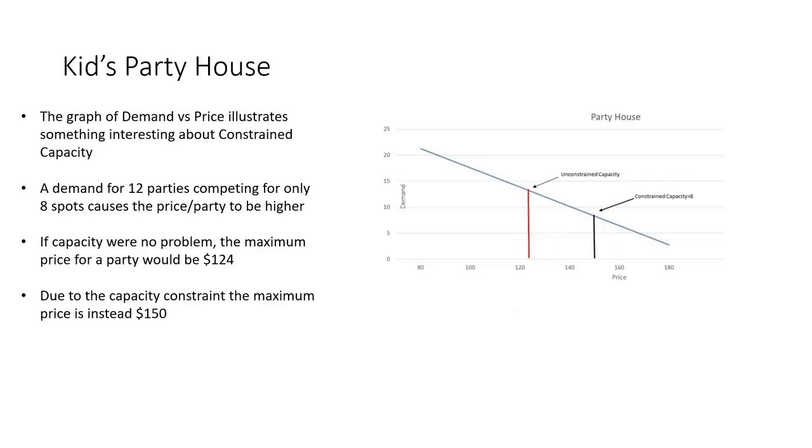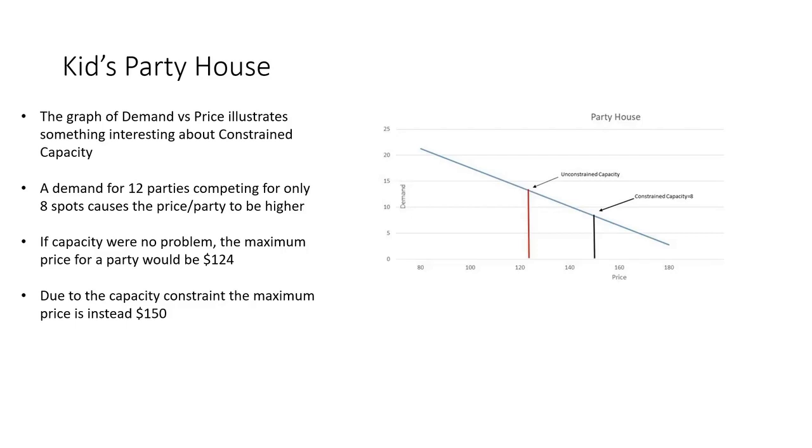Here we have plotted the demand versus price that we get from the linear equation that we developed. And it shows the interesting relationship between unconstrained capacity and constrained capacity. When there's a demand of 12 parties competing for only 8 party spots, this causes the price per party to be higher than if capacity was not a problem.